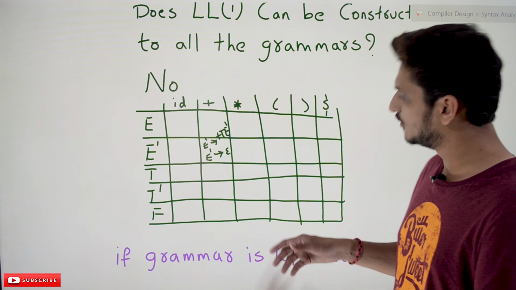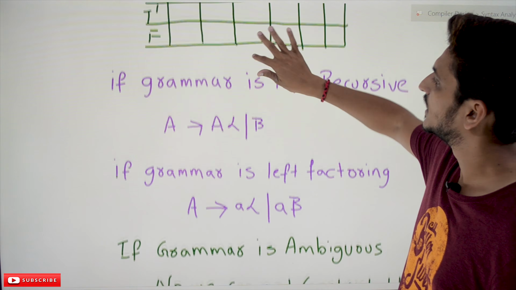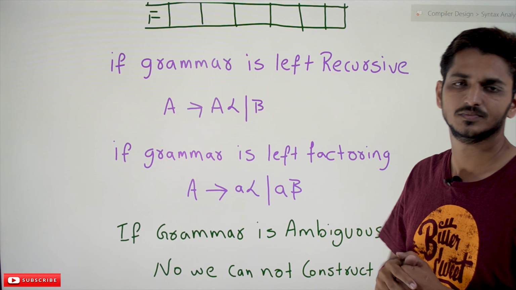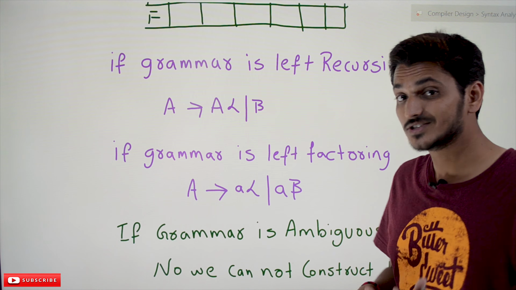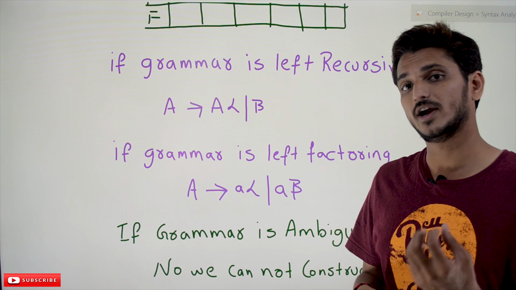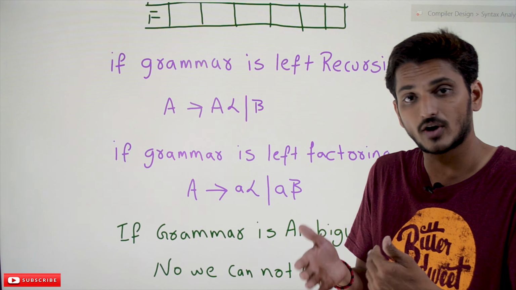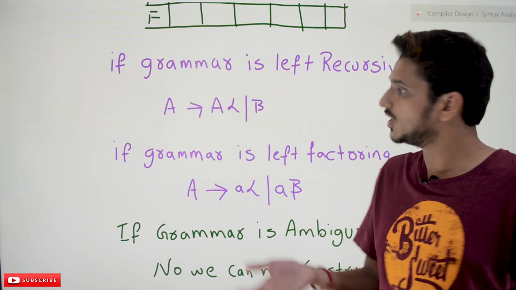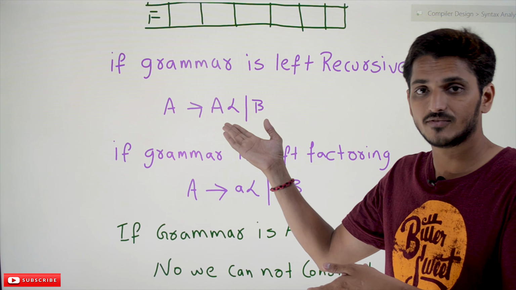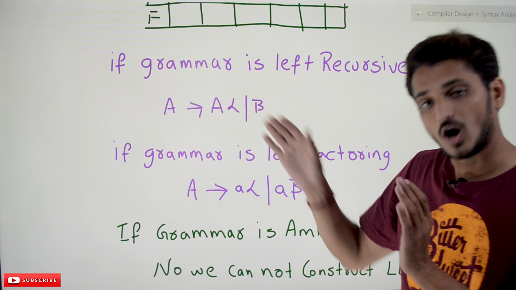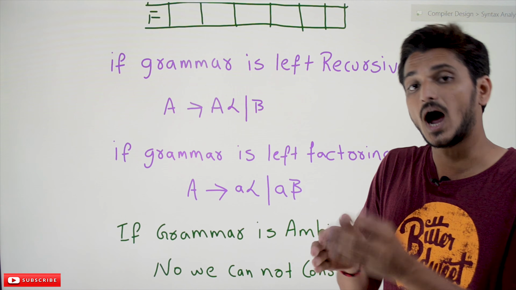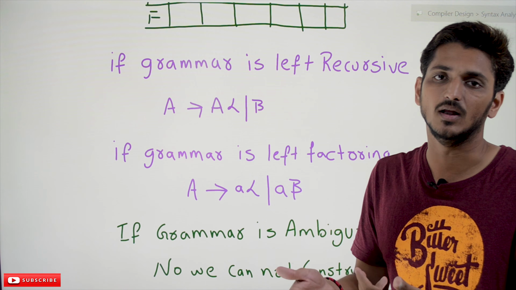Now we'll discuss a few situations. If the grammar is left recursive, what happens? Left recursive means A tends to A alpha or beta. In order to construct the LL1 table, we have to find the first and follow symbols. If you want to find the first and follow symbols, you have to eliminate this left recursion. So if the grammar is left recursive, you have to eliminate that left recursion and construct the LL1 table.